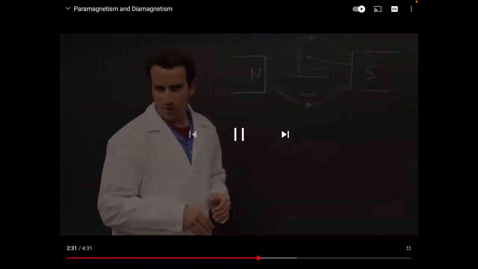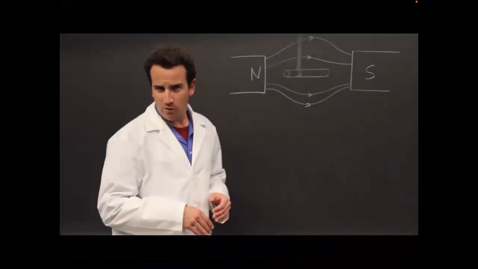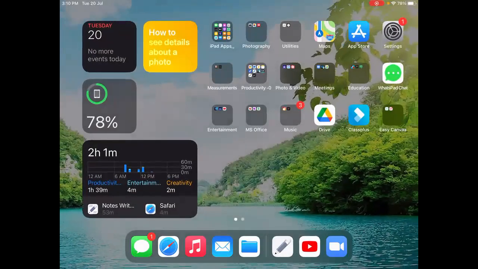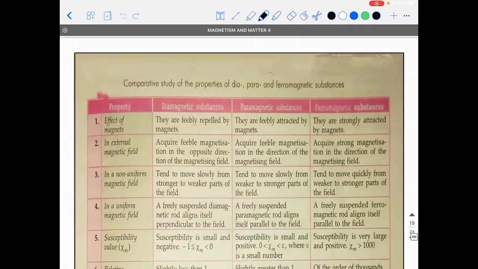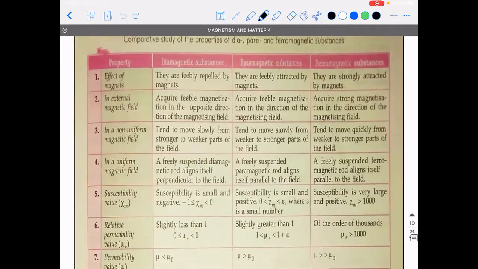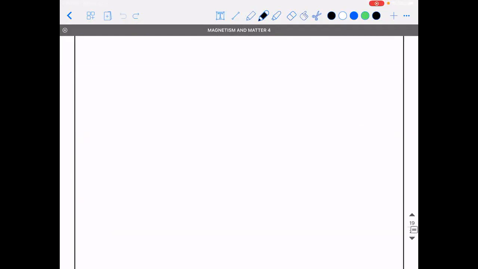Okay. Now tell me one thing. What do you think is the reason for paramagnetism or diamagnetism to occur in a material? So on an atomic level, what do you think is the reason for a paramagnetic substance or a diamagnetic substance?